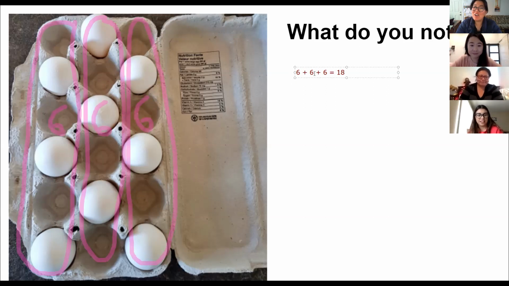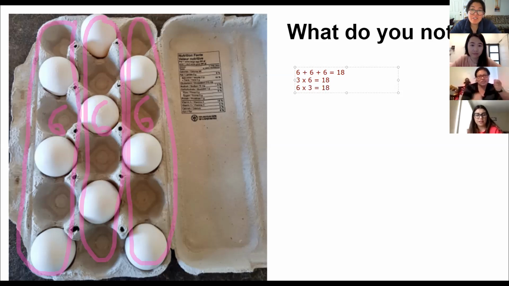Yes. And it also means 3 groups of 6 makes 18. And what I love about multiplication, you can also say 6 groups of 3 makes 18.